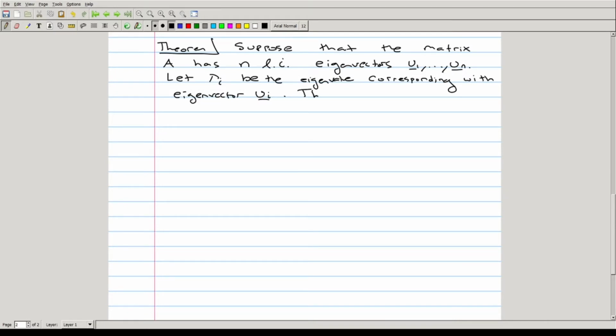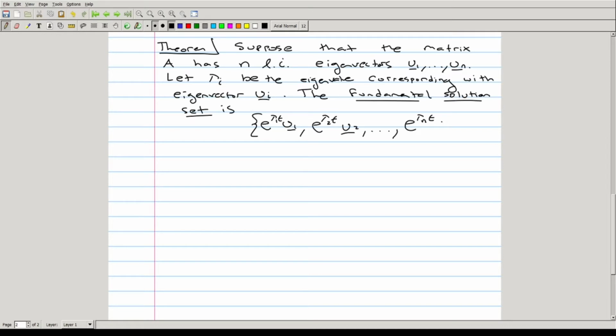The fundamental solution set is the set of functions e to the lambda 1 t times u1, e to the lambda 2 times t times u2, all the way up to e to the lambda n times t un.